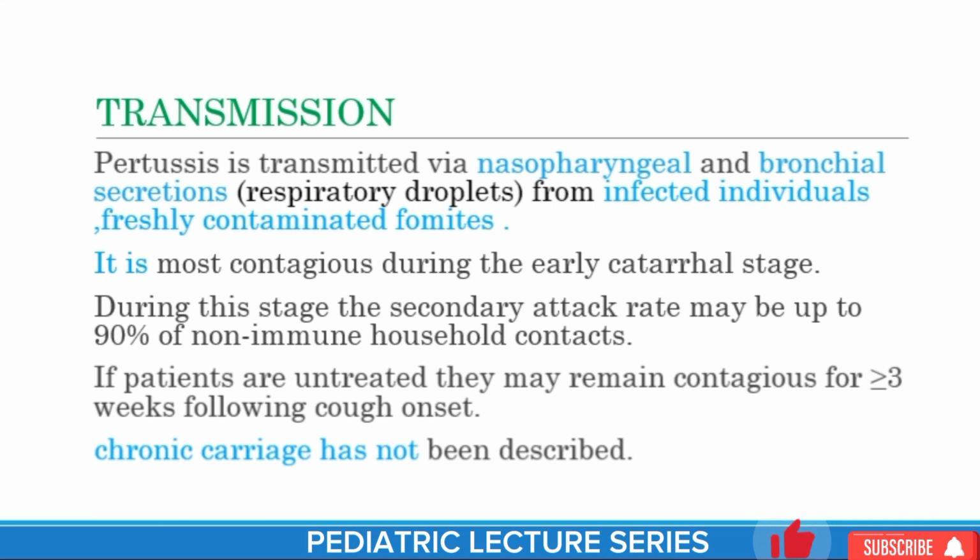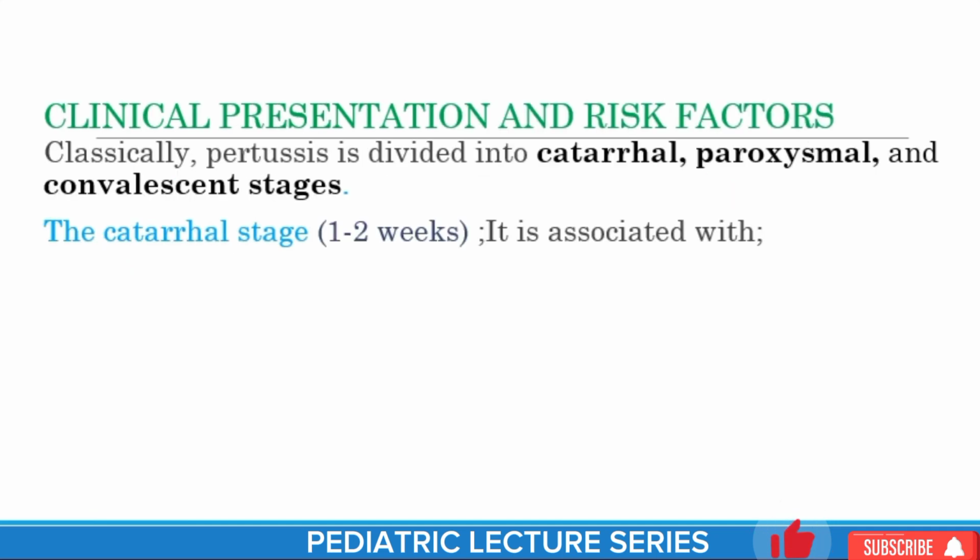But of course, if the individual is treated for 5 days, we are able to limit the ability of transmission of this infection. However, you should know that the carrier state has not been described in humans.